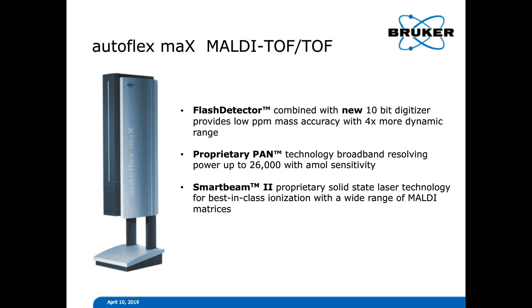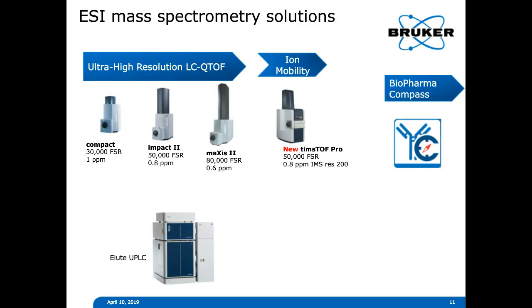On the electrospray ionization side, Bruker has several high-resolution QTOF instruments, starting from the compact on the left, which is a benchtop instrument with a specification of 30,000 resolution and 1 ppm mass accuracy. Going up, we have the impact II system with a resolution of 50,000 and sub-ppm mass accuracy.